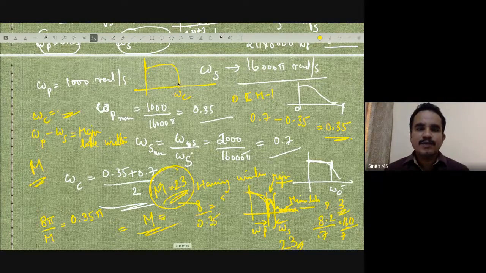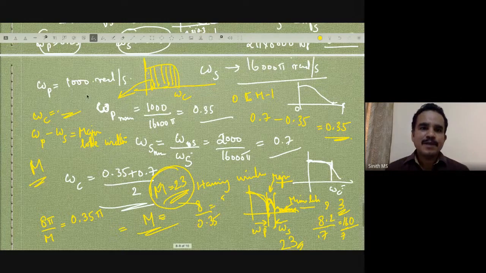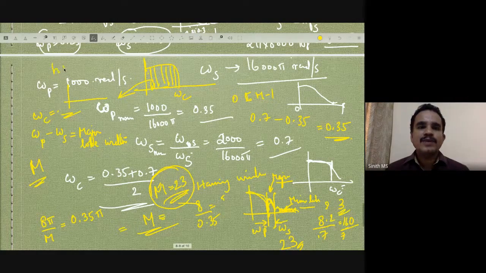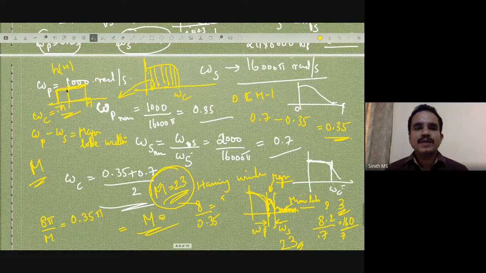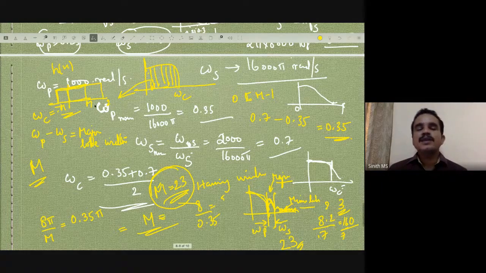If you take the inverse DFT of these samples in the frequency, you get a response h(n), and you put a window. The window may extend from minus M to M, so you have to shift it in the positive direction because you want the filter to be causal.